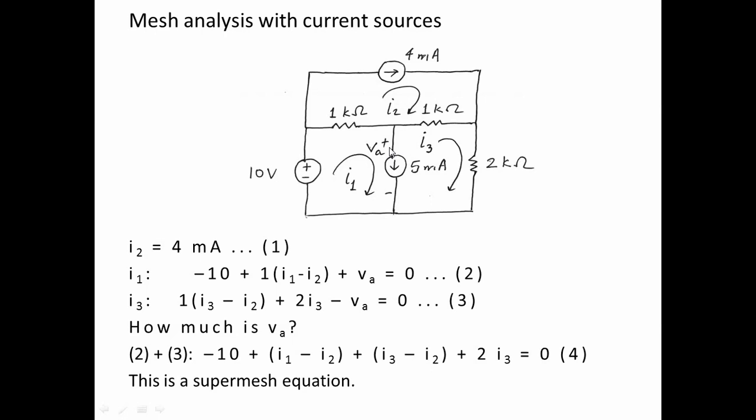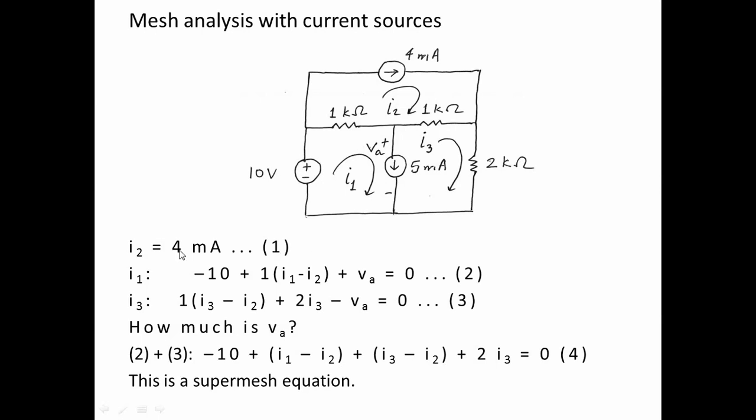So this is what we do. When we have a current source that exists between 2 meshes, we write a KVL around a super mesh which encloses the current source, and the VA simply does not appear. So you can check that this equation is nothing but the KVL for this super mesh.